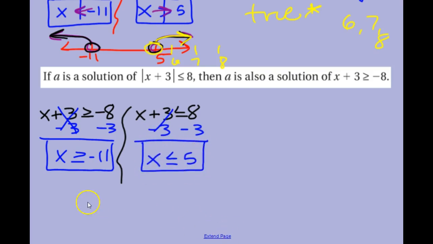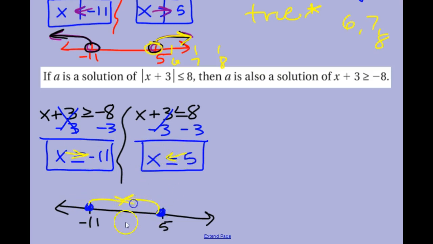If I'm going to graph this just like I did before, I have negative 11 and I have 5. Both of these are closed circles this time though, and they're telling me that my answers are pointing together, greater than negative 11 and less than or equal to 5.